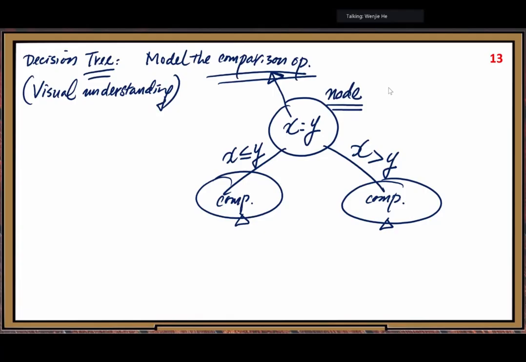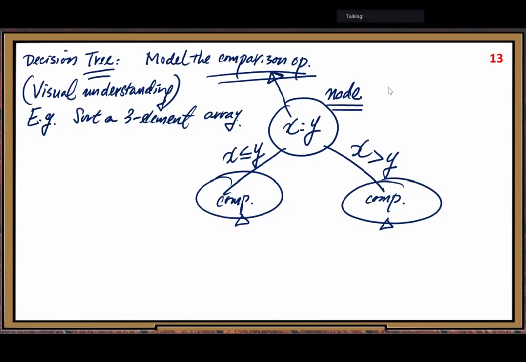let me use a simple example to show you the whole picture. So what's that example? Sort a 3-element array. I use the decision tree method to sort. So you know how to sort.